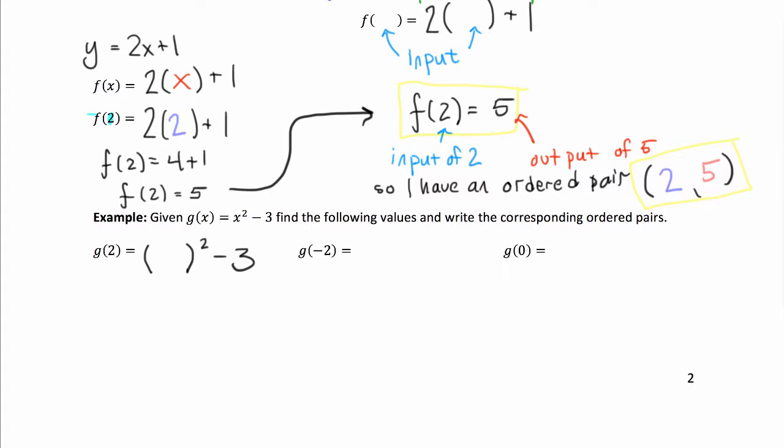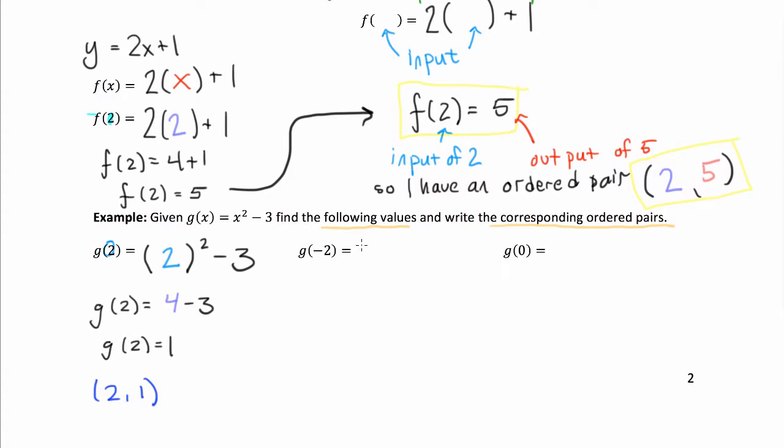So now the input I'm given here is 2, so I'm going to plug 2 in there, and I end up with 2 times 2 is 4, so g of 2 equals 2 squared is 4 minus 3, and now I'm just going to do that subtraction, so g of 2 equals 1. And then I was also asked to find those values and then write the corresponding ordered pair. So the corresponding ordered pair is (2, 1).